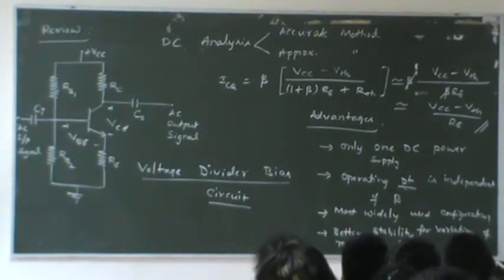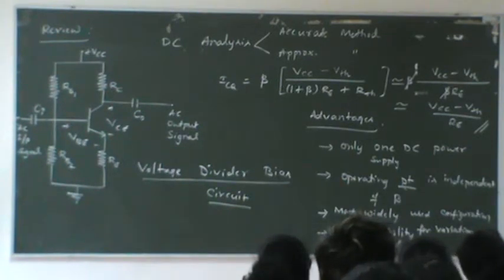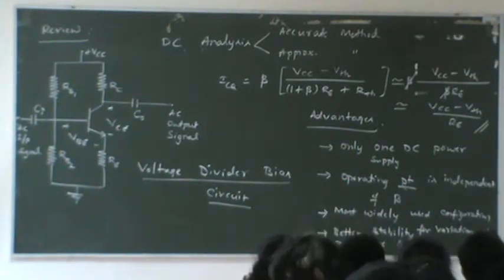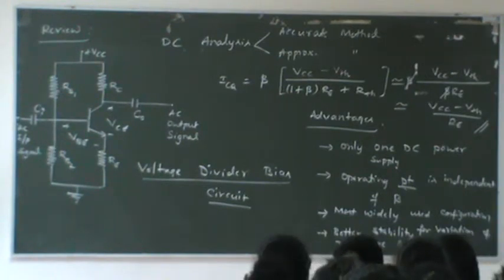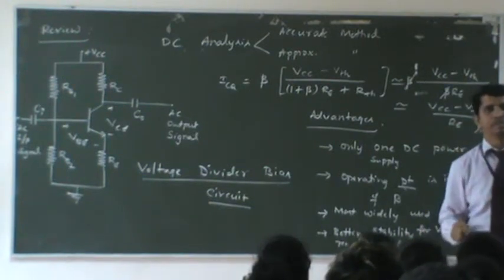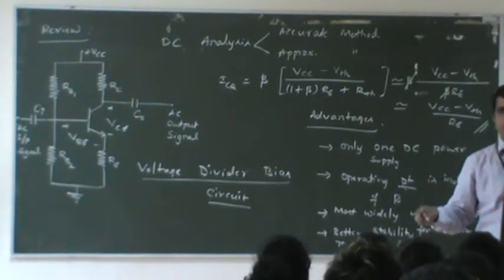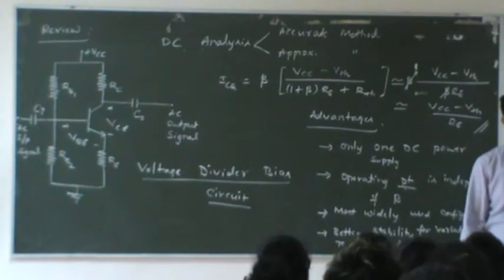And as you know, all these lectures will be recorded and uploaded. I think 2 lectures are already available on YouTube. Anybody who was absent can download from YouTube and listen. I think lectures 1, 2, 3, 4, up to UJT emitter bias configuration are already uploaded. You just have to give a keyword about electronic circuits in the Google search to get a link so that you can download.